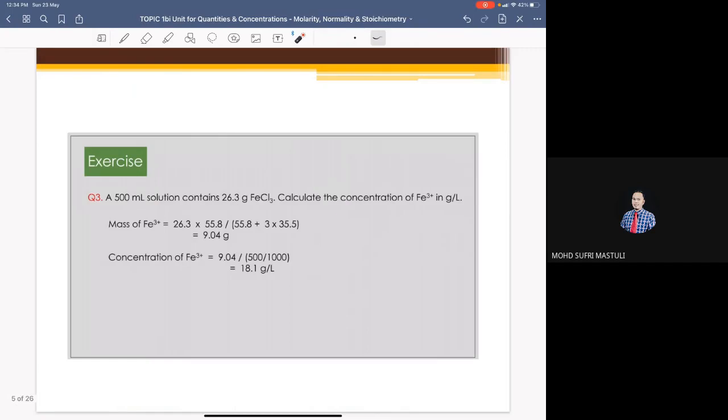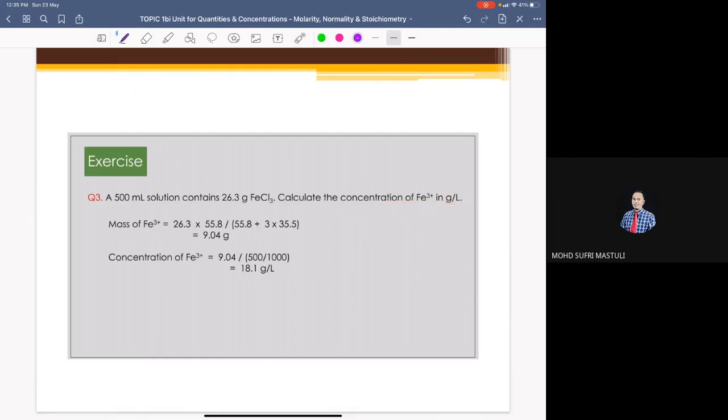So this is the example. 500 ml of solution containing 26.3 gram FeCl3. Calculate the concentration of Fe3+ in gram per liter.